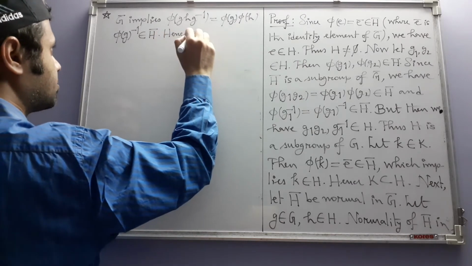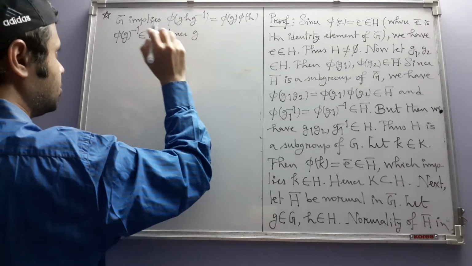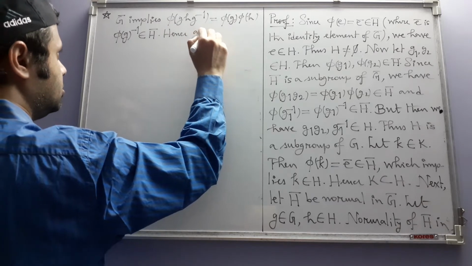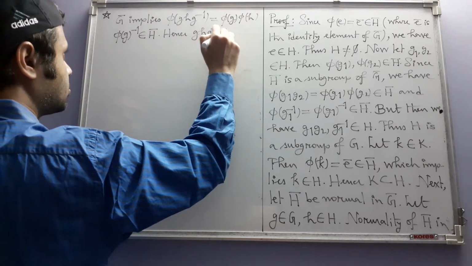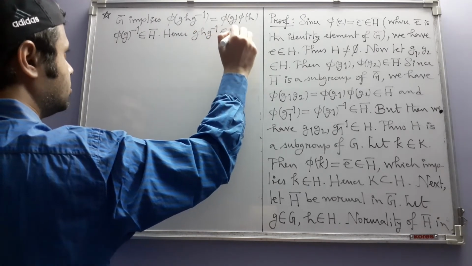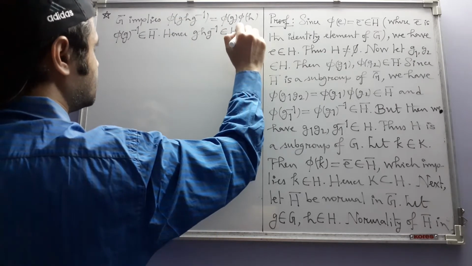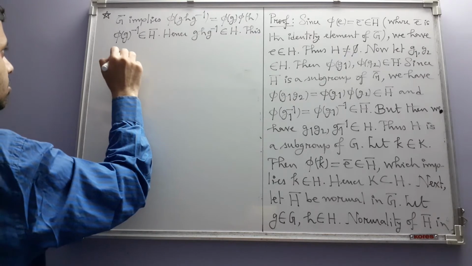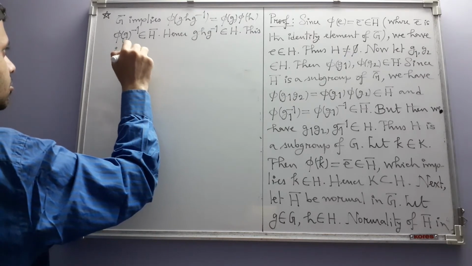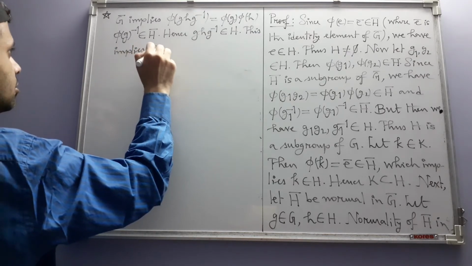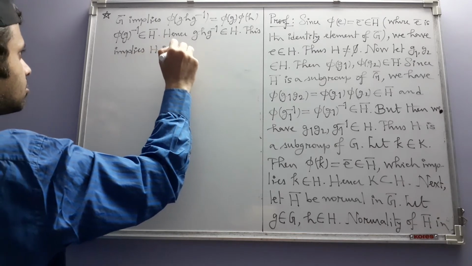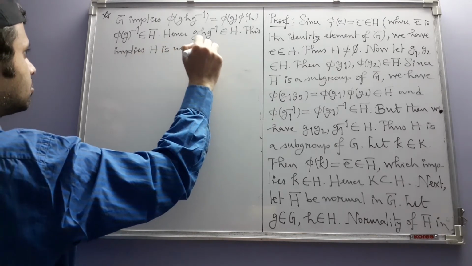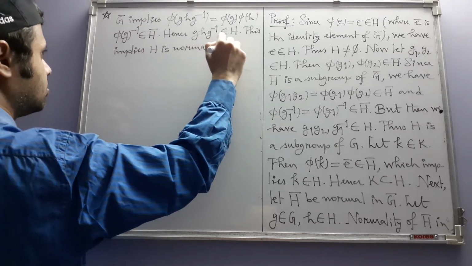Hence, by the definition of capital H, G H G inverse belongs to H. This implies H is normal in G.